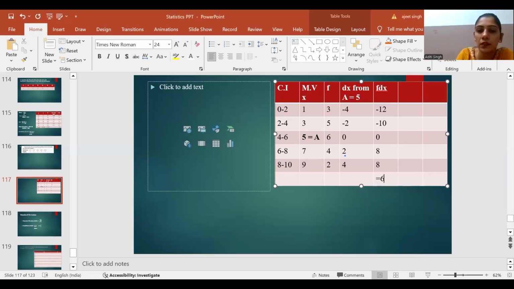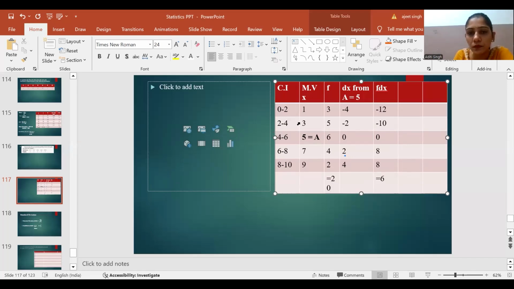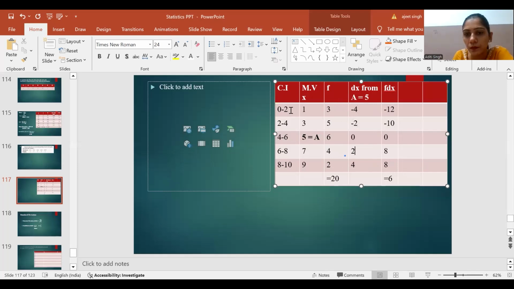Now the value of n, as n is the sum of frequency, is 20. Okay, so this is how we calculate.